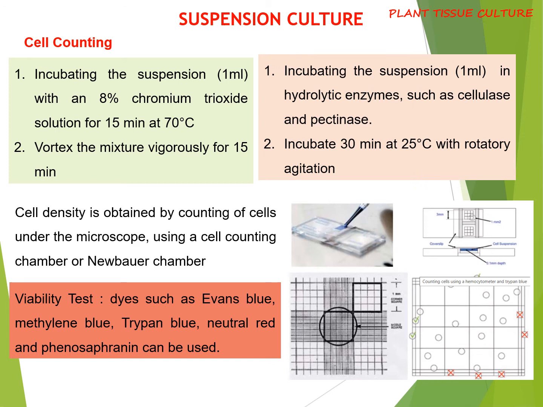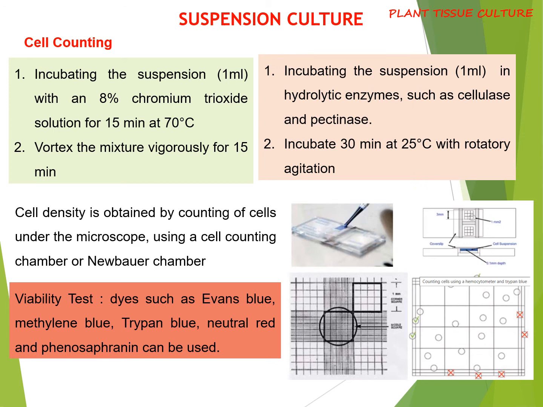The first method is incubating the suspension culture pulled out with 8% of chromic trioxide for 15 minutes at 70 degrees centigrade. This is followed by vigorous vortexing of the mixture for 15 minutes.